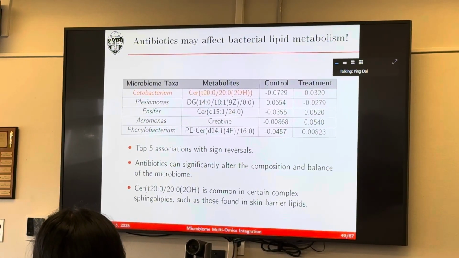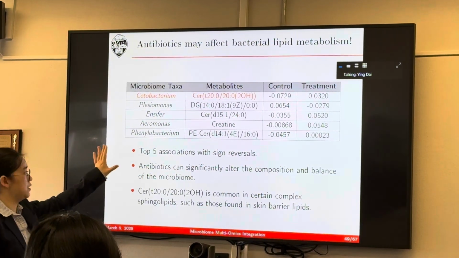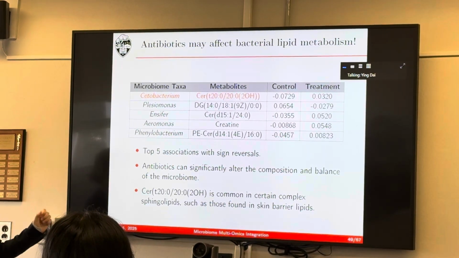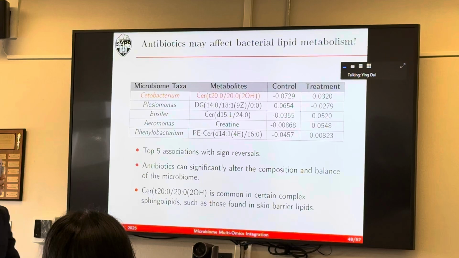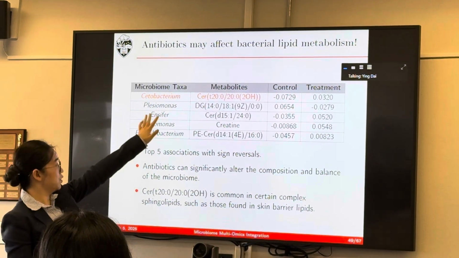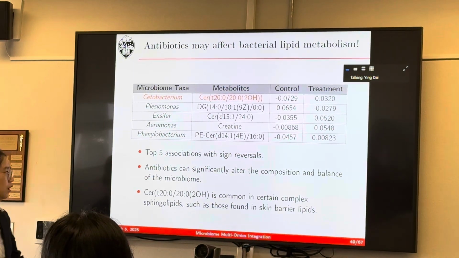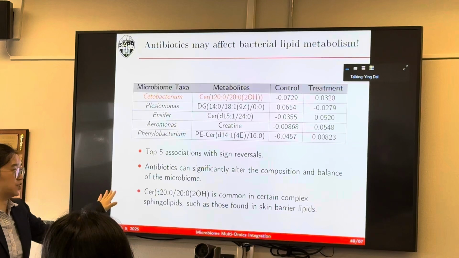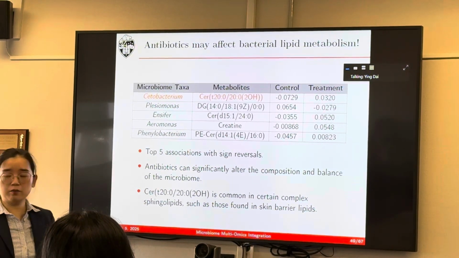So let's dive deep into the most interesting stuff. Here is the table of the top 5 associations with sign changes, meaning that one of the groups has a negative and the other has a positive, or vice versa. We find that this pair has the most significant difference. It is well known that antibiotics significantly alter the composition or balance of the microbiome.